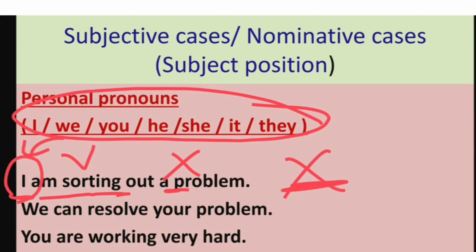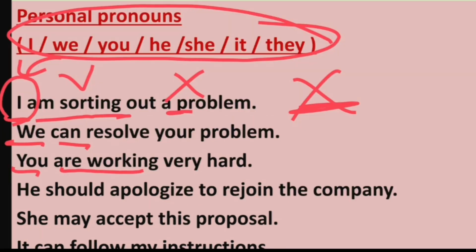Then, second one, we can resolve your problem. So, we. Can is a verb. We is used before it. You're working very hard. You is a pronoun. Are working are the verbs. He should apologize to rejoin the company.